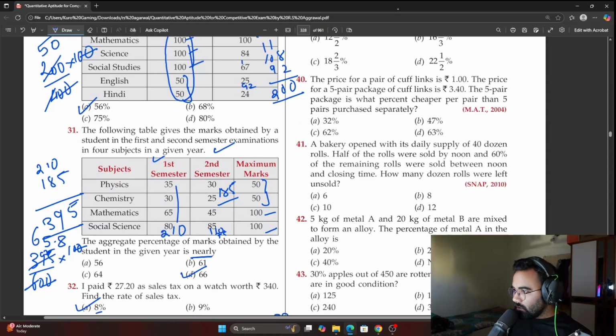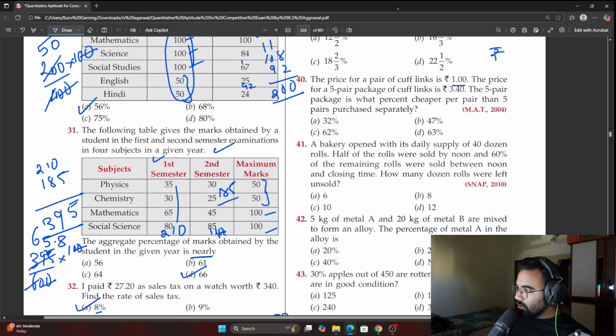The price for a pair of cufflinks is this, that is 1 rupee. The price for a 5-pair package of cufflinks is this. The 5-pair package is what percent cheaper per pair than 5 pairs purchased separately? So if you purchase 5 pairs separately, how much is it going to cost you?